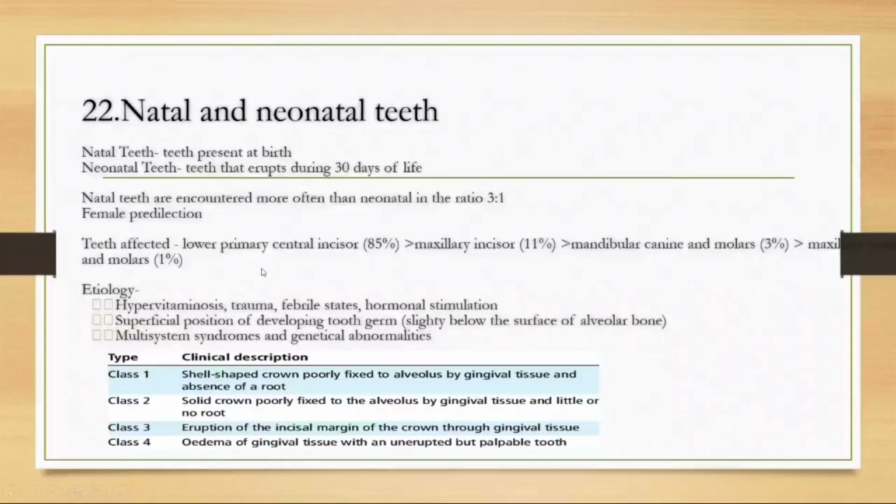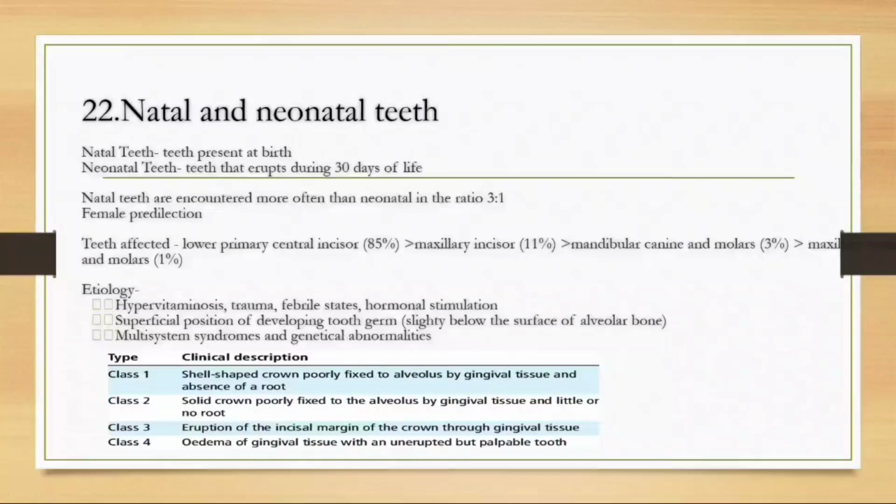Teeth affected are the lower primary central incisors, then maxillary incisors, then mandibular canine and molars, and the least reported are maxillary canine and molars. Etiology could be any or all of these: multi-system syndromes, genetic abnormalities, trauma, hormonal stimulation, or superficial position of the developing tooth germ.